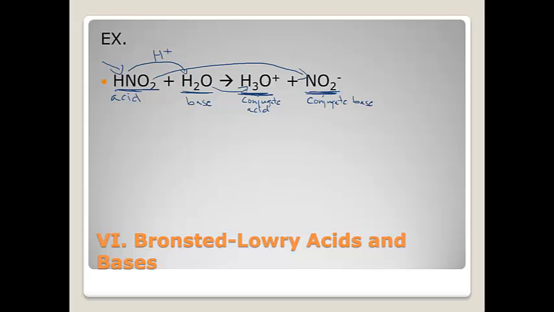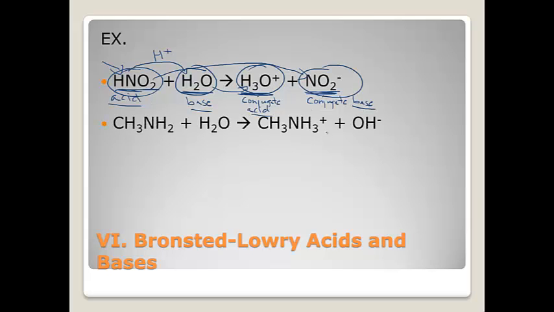So what was the acid? HNO2. What was its conjugate base? NO2-. What was the base? Water. What was its conjugate acid? Hydronium ion. So a base produces an acid, and an acid produces a base.